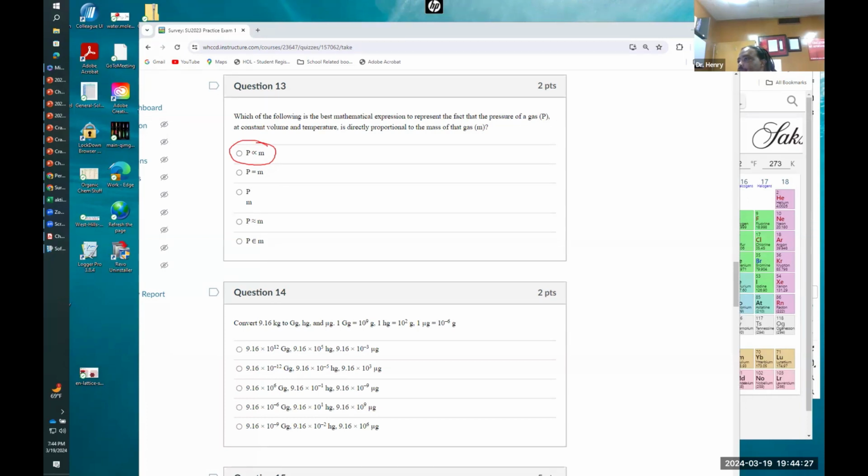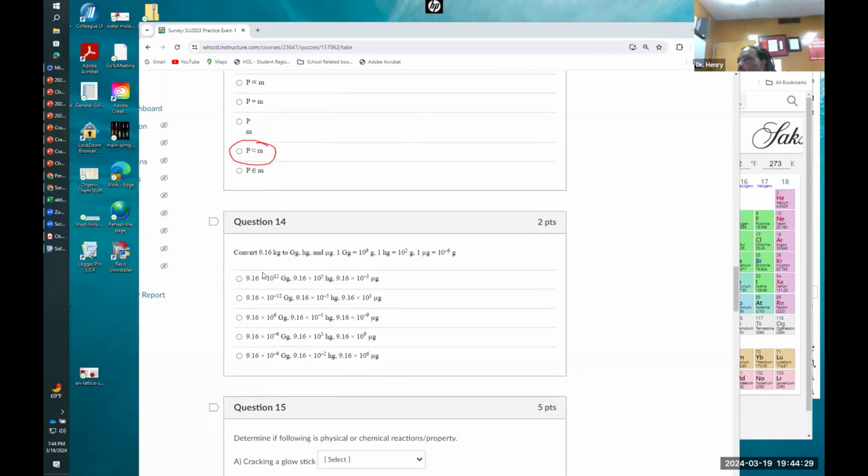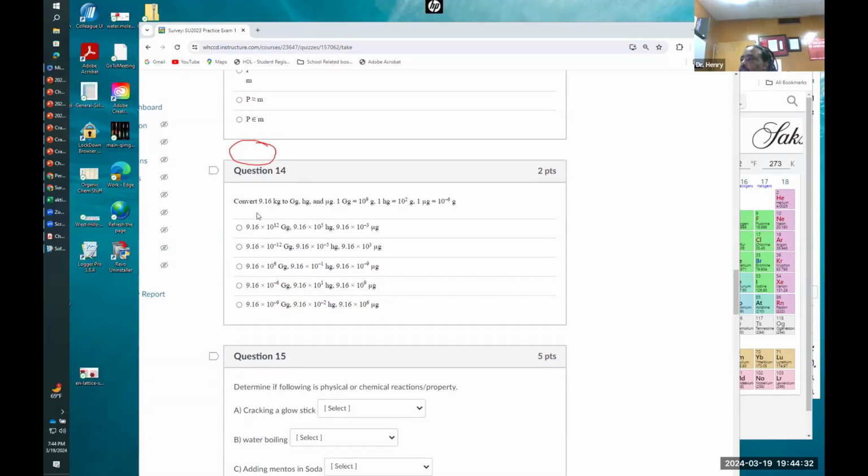Okay. Good job. So the next one, it says convert 9.16 kilojoules to gigajoules, hectajoules, and microjoules. And these are the conversion factors.